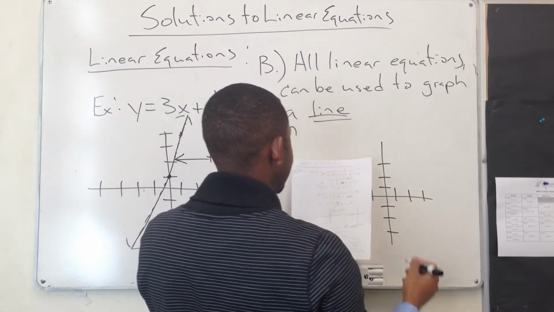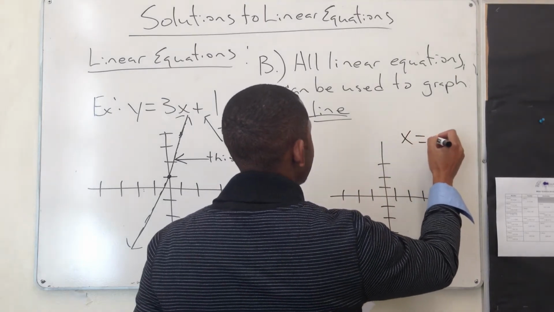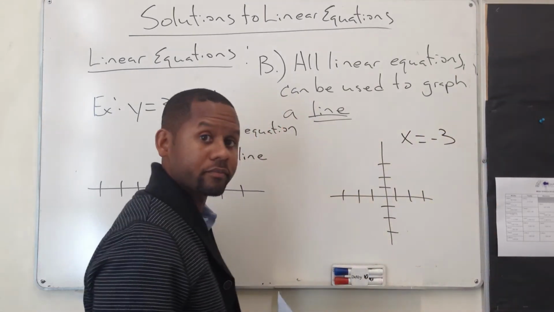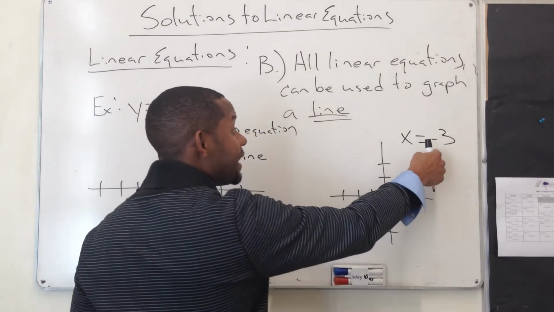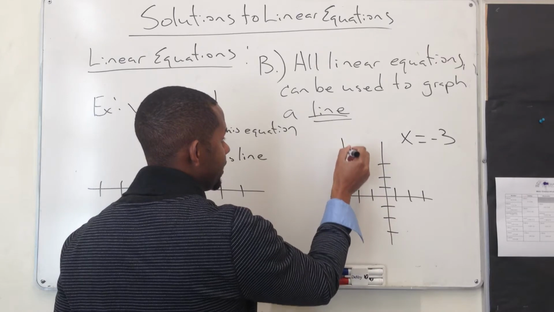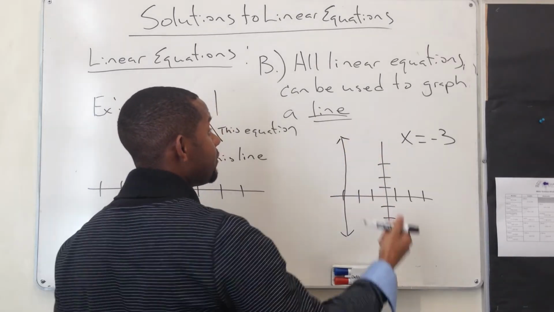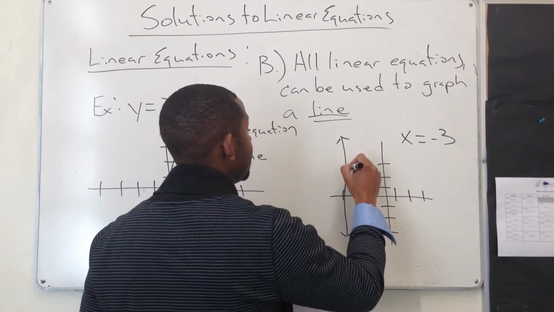Let's say you get the linear equation x equals -3. The line for x equals -3 looks like this. I go to -3 on x and I just draw that.